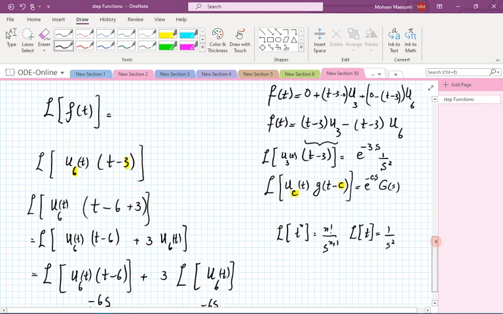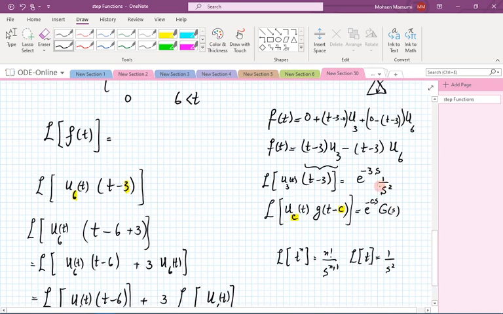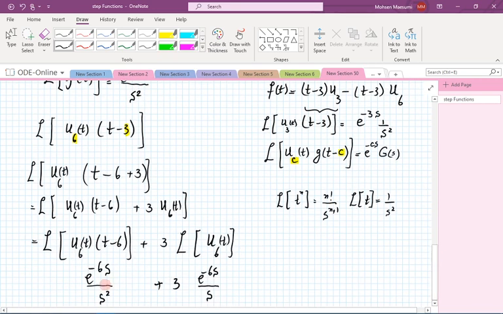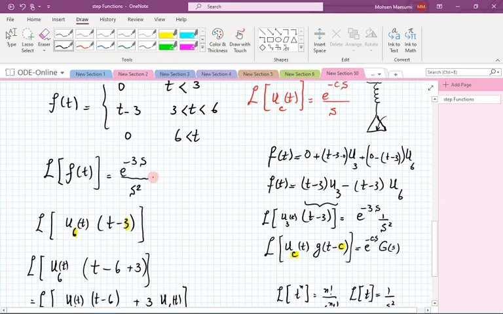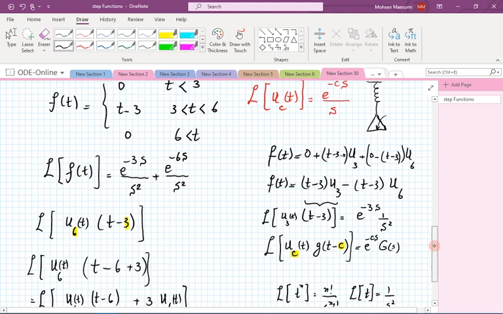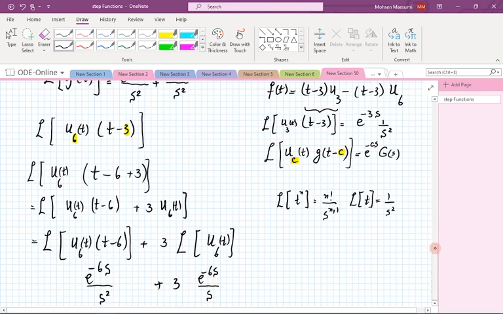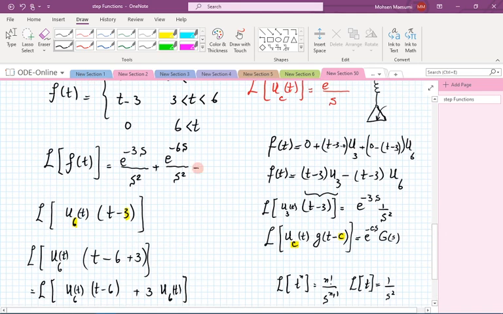So all put together we have the following. The first expression, exponential of minus 3s over s squared, plus exponential of minus 6s over s squared, and then 3 times exponential of minus 6s over s.